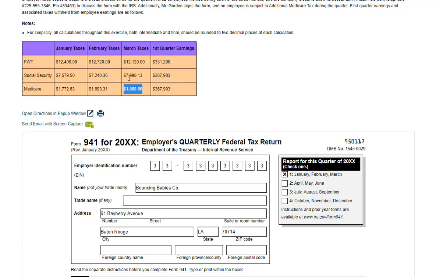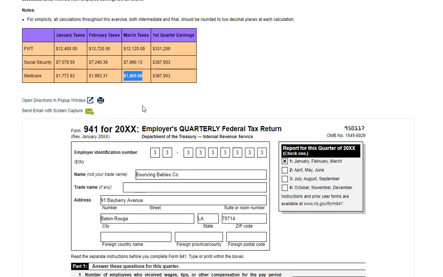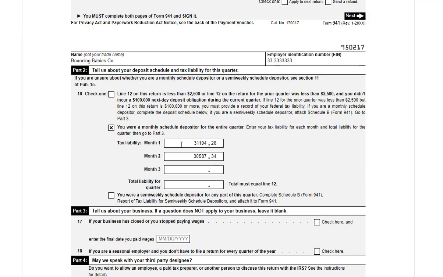In addition, we would add once more, double up on Social Security and Medicare for the employer's portion. We will arrive at $31,837.58.